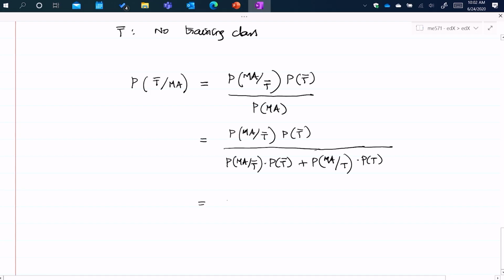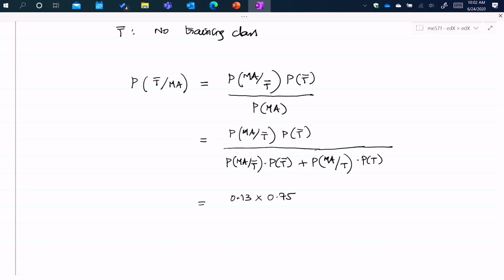Now I can go ahead and substitute the numbers. The probability of MA given no training is 13%. We're given that. And we know the probability of no training is 0.75. We are told that only 1/4 of the employees belonging to group A have taken the training class.